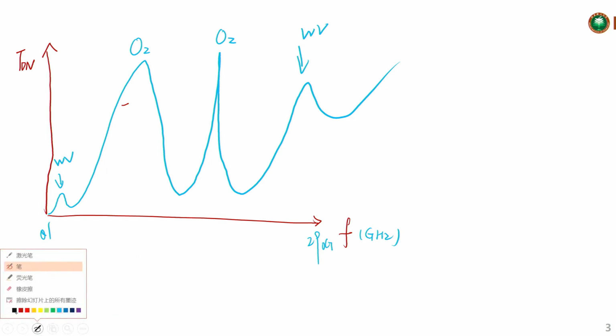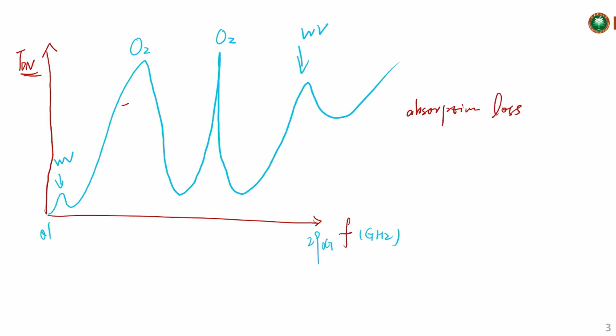This is the brightness temperature or emission, and it follows the same shape as the absorption loss due to the atmosphere. If you look back at last week's lecture notes, you will find they have the same shape.